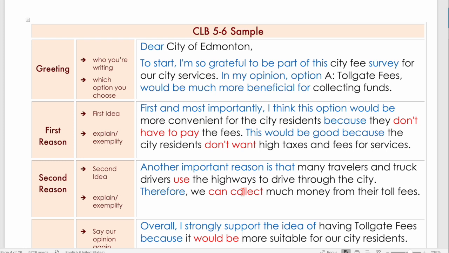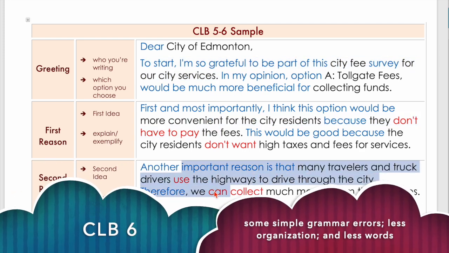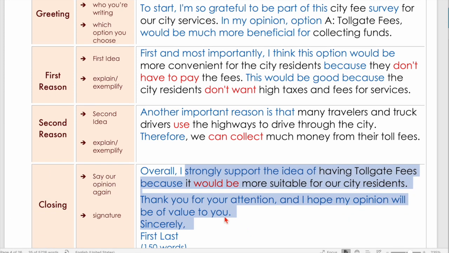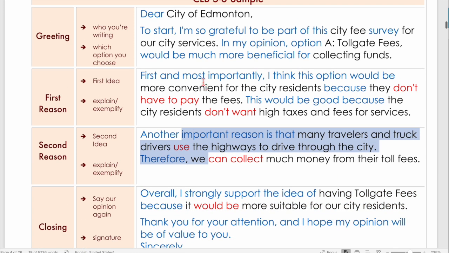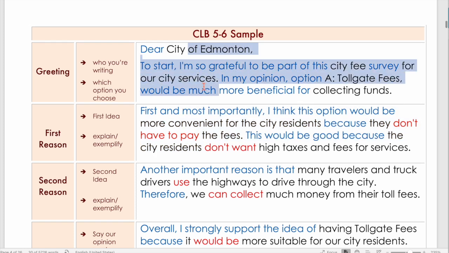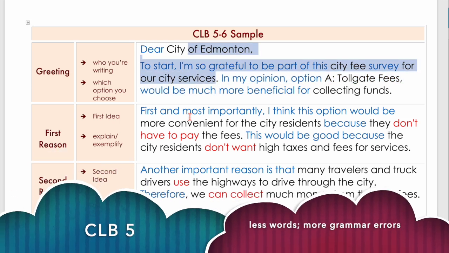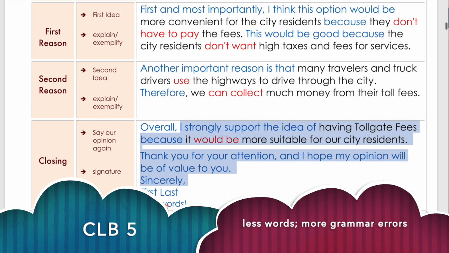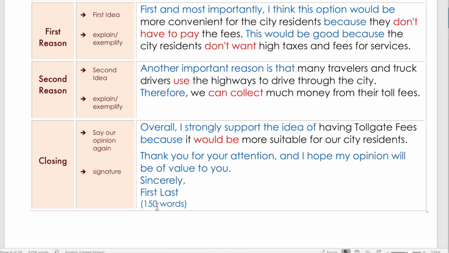Now, CLB 6, they give these good ideas, but they don't organize so well. And also CLB 6, they make expression errors in the sentence structure, and they make some simple grammar errors. Okay? CLB 5, less words, more errors. CLB 5, 130 words.